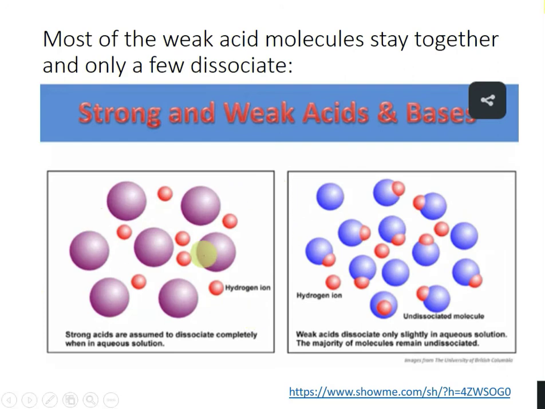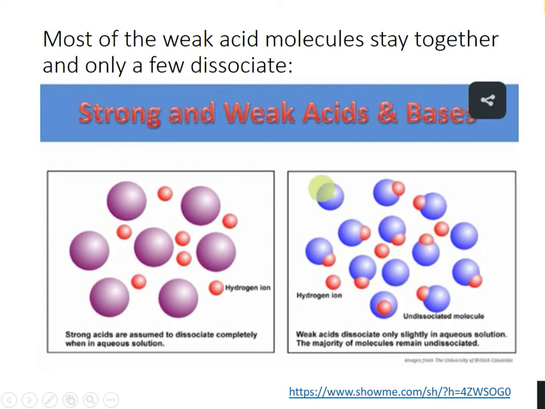So again, just to try and clarify what we mean by a strong acid. In a strong acid, it's completely broken up into hydrogen ions and the anions that were in the original acid. So all of them are broken up. But in a weak acid, most of them remain together. So I have 1, 2, 3, 4, 5, 6, 7, 8, 9, 10 molecules that remain together, and this one was a molecule that broke apart.